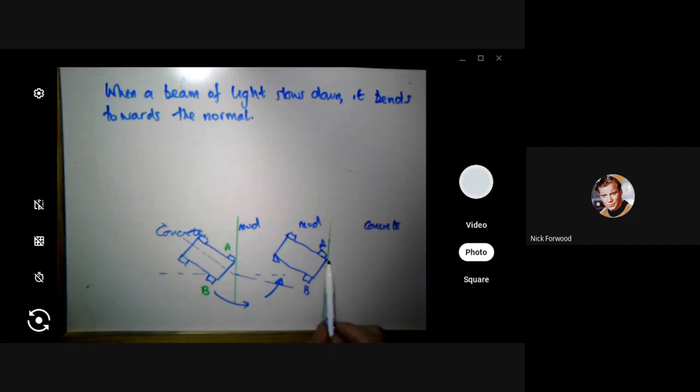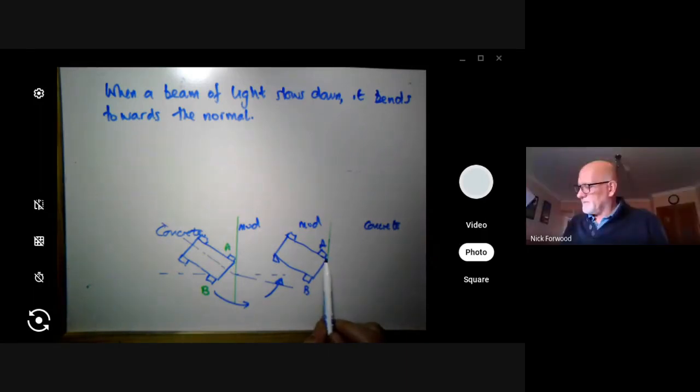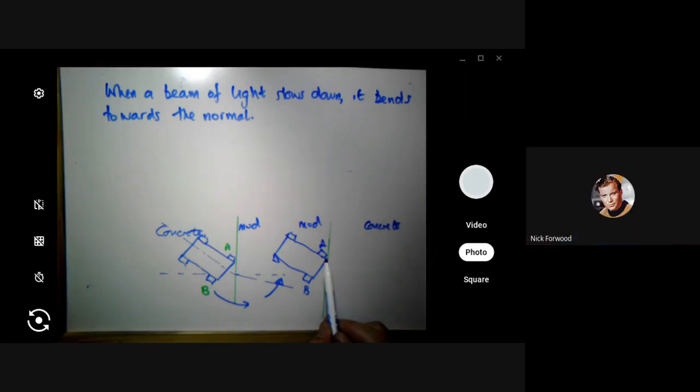Okay, this wheel is going to speed up first. This wheel is still going more slowly. So if this wheel speeds up first, it's going to swing it round back down this way because it's going to go faster. It's going to get a better grip. It's going to swing it round that way. This wheel is lagging behind, and so when the beam of light comes out the other side, here's our normal line again.